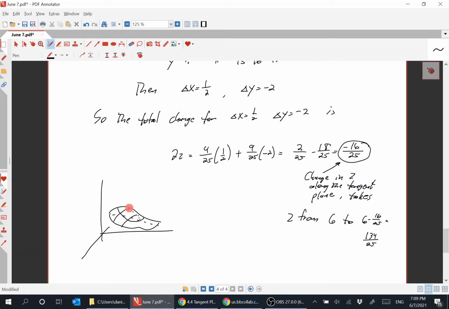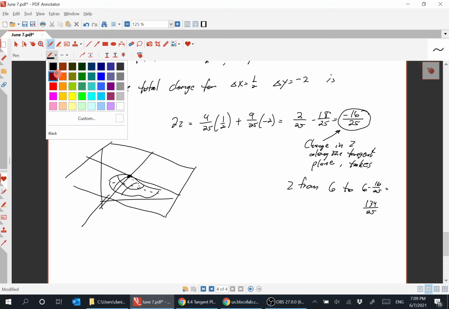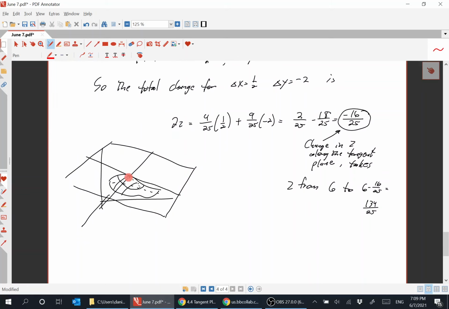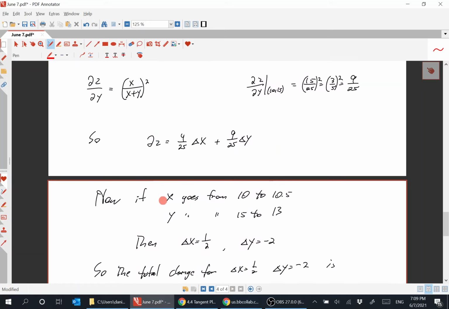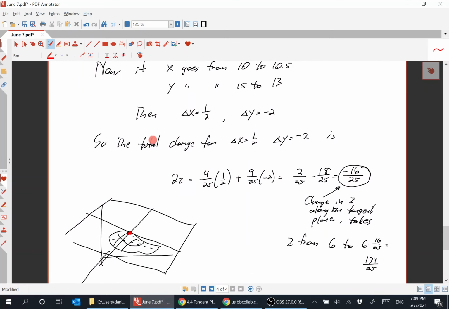You've got your surface, and you've got this point of tangency right here. And on that point of tangency, you've got your tangent plane. And that point of tangency was 10, 15, 6.